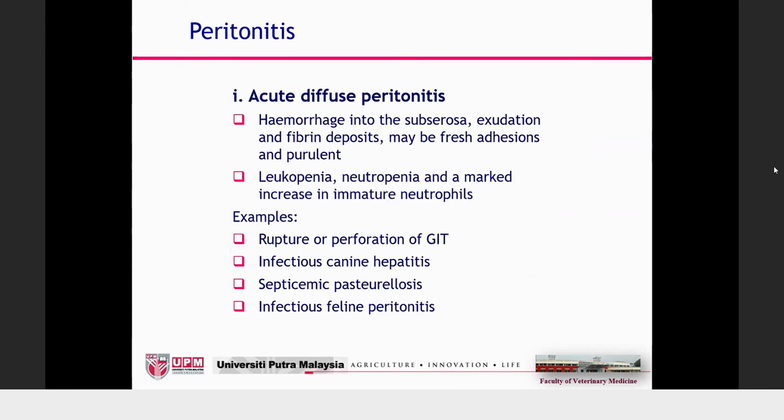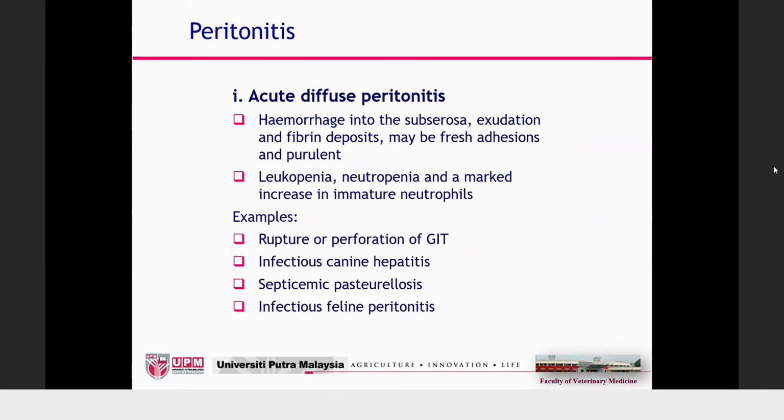And it can be diffuse peritonitis or localized peritonitis. And when it is diffuse, it can be acute or chronic. So in cases of acute diffuse peritonitis, it could usually be a result of rupture or perforation of the GIT, or maybe infectious canine hepatitis, a viral infection.